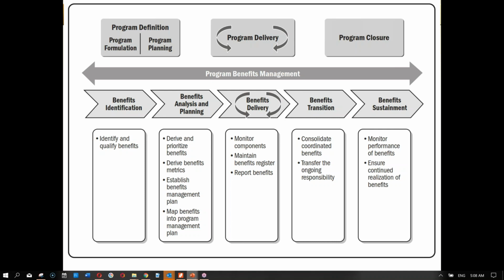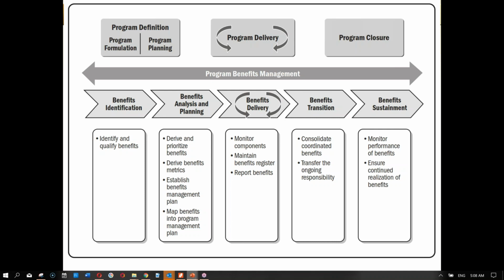Yes, there is a direct relationship between the steps of program benefits management and the program life cycle. But as I was saying, benefit analysis and planning will start during program definition because we are preparing the program management plan there.